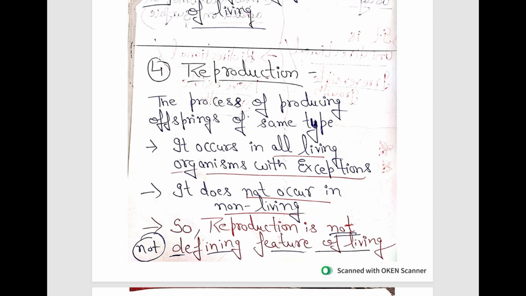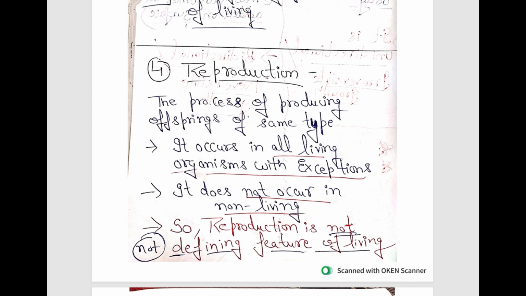Reproduction in unicellular organisms like bacteria, algae, amoeba is an increase in the number of cells. So in unicellular organisms, growth and reproduction are synonymous, as we have covered earlier. Reproduction is not found in any non-living objects.